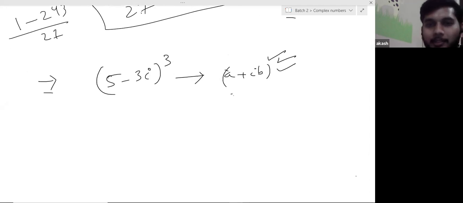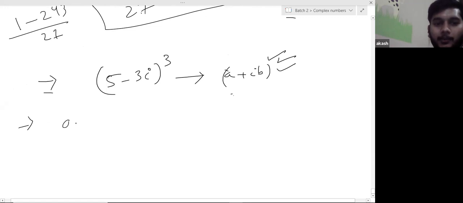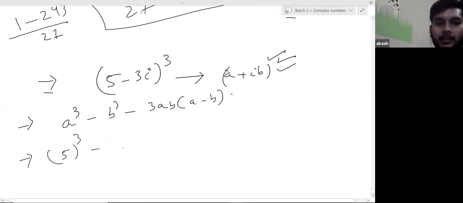Okay, who didn't solve it, please see here. What formula are you going to use? A cube minus B cube minus 3AB(A minus B), right? So the value of A is (5 minus 3i) whole cube.